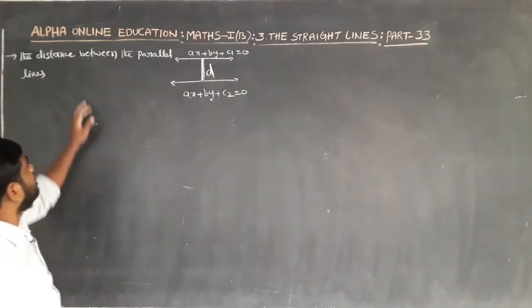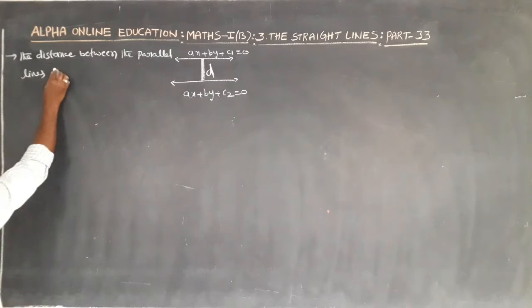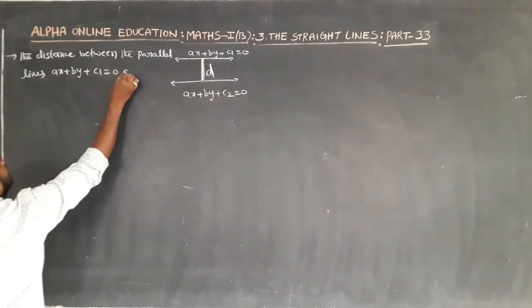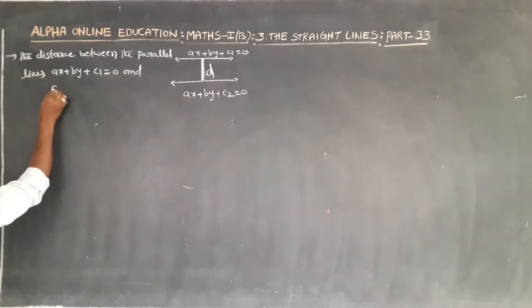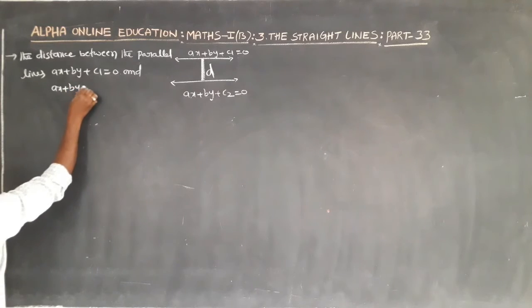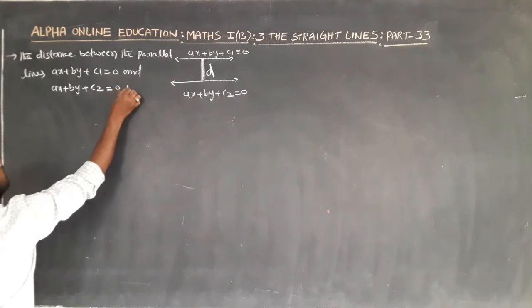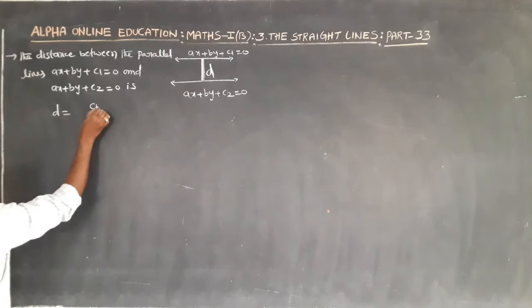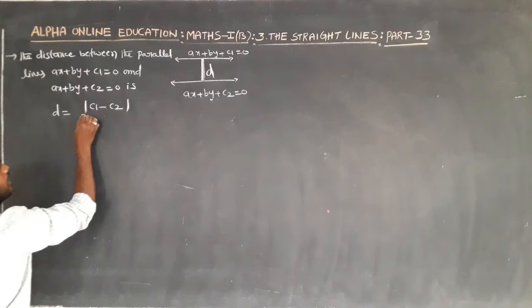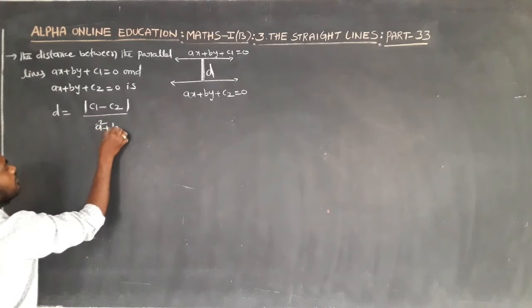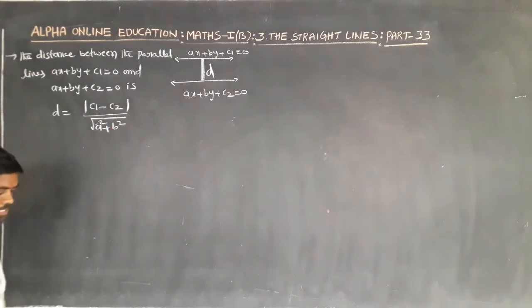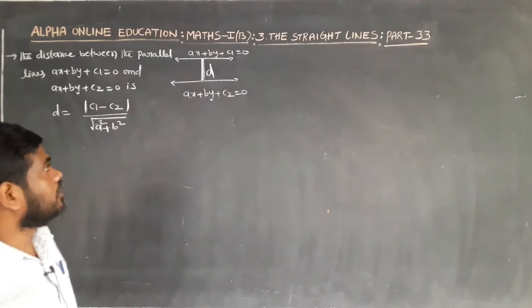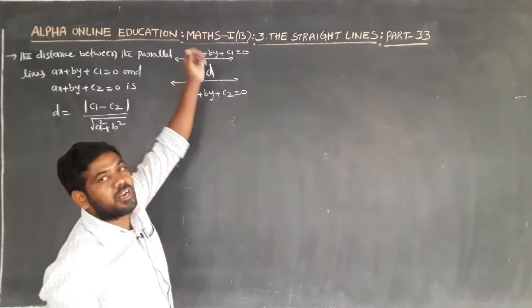The distance between the two parallel lines Ax + By + C1 = 0 and Ax + By + C2 = 0 is the mod of C1 minus C2 divided by the square root of A square plus B square. This is the formula for finding the distance between two parallel lines.